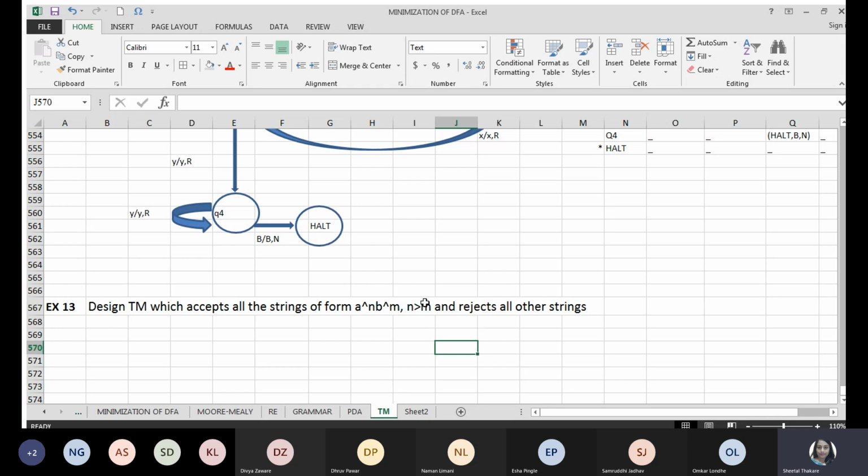If I say n is greater than m, it means more number of a's are there. At least one more a is there. So number of b's is m. So n should be at least m plus 1.